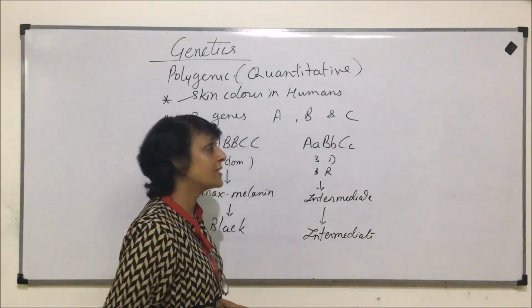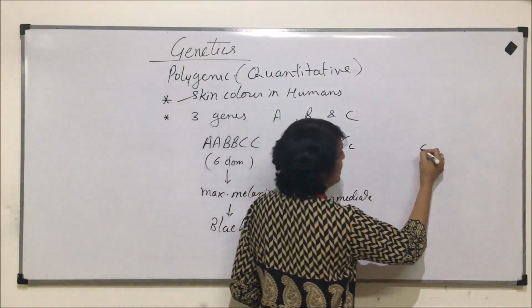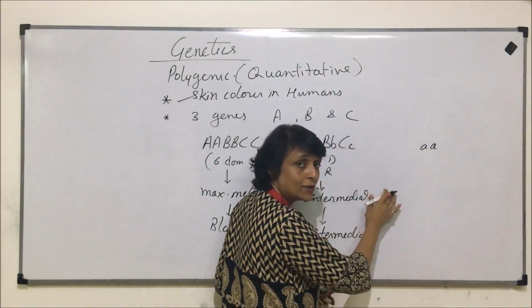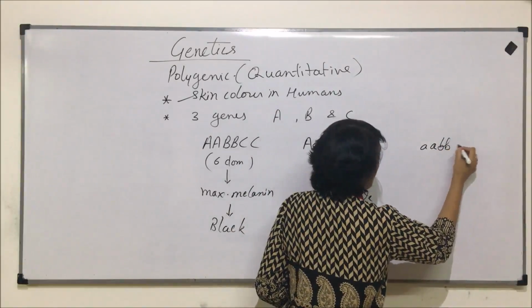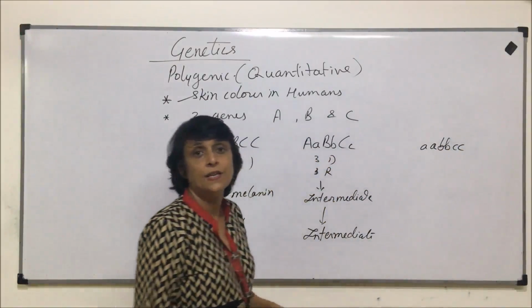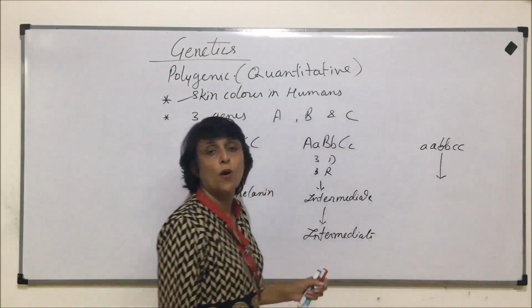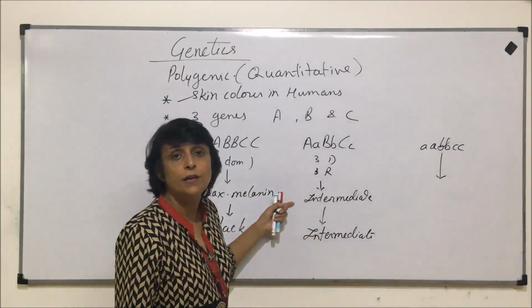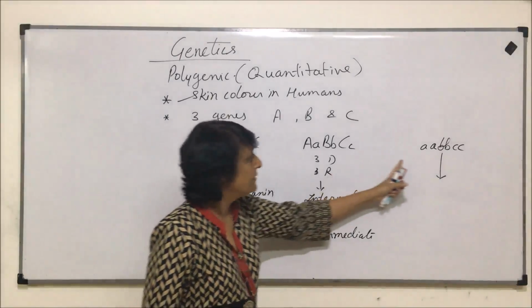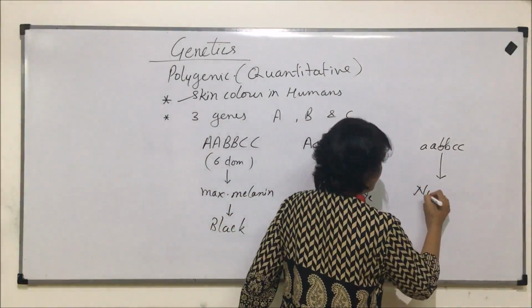And the other extreme is all alleles of these 3 genes are in their recessive form. And as there is no gene regulating melanin synthesis, there is no melanin produced.